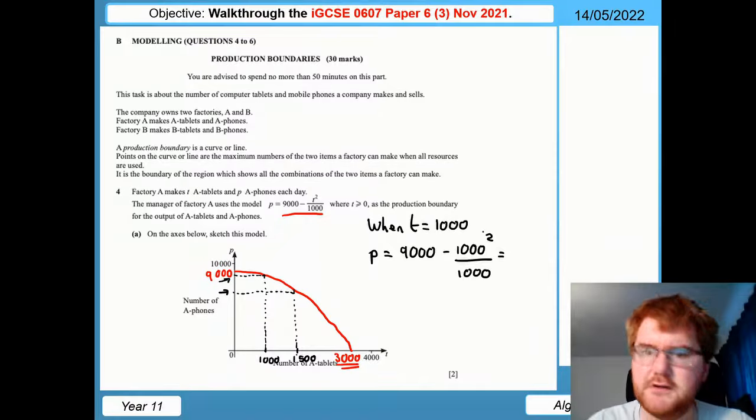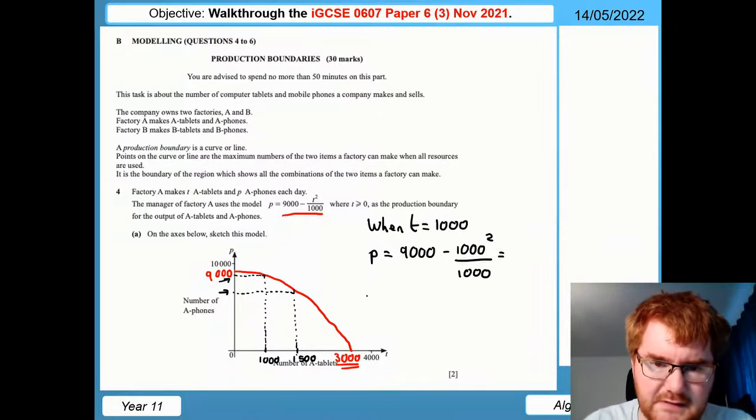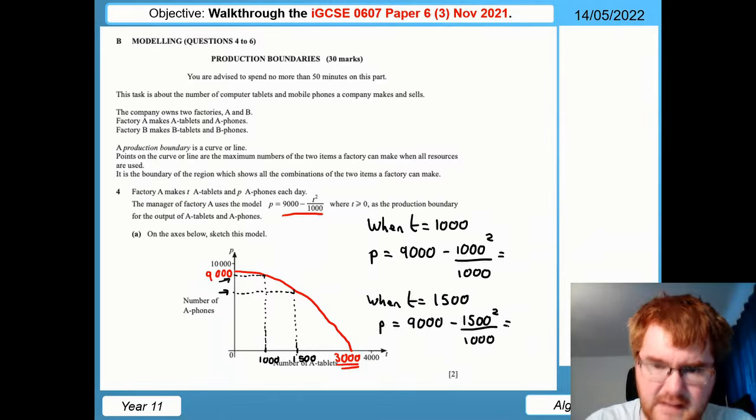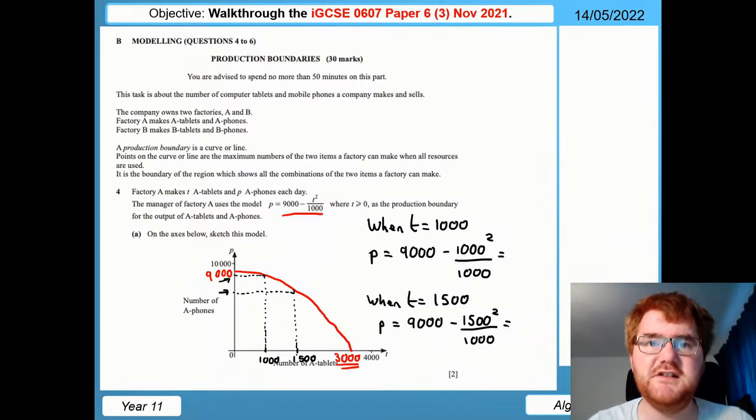I'm going to use our calculator in a moment to work that out, and we're going to do exactly the same for T equals 1,500, so 9,000 minus 1,500 squared over 1,000. So let's go to the calculator, generate those answers, and then you can see how I'm going to use that for the final answer.